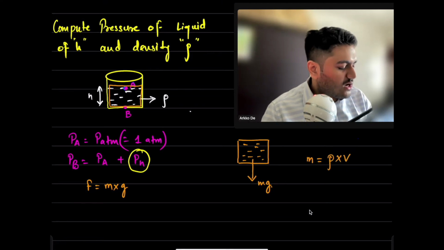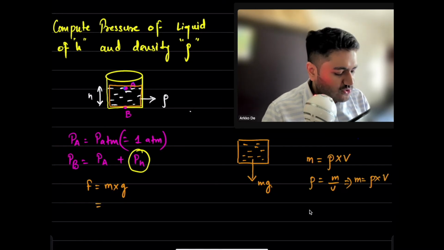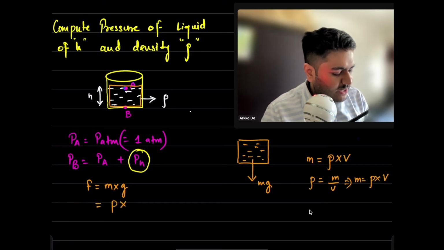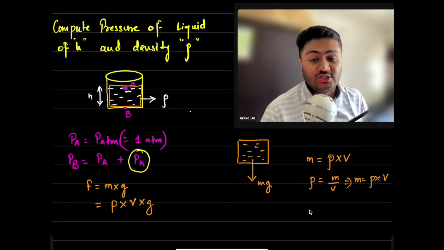How am I getting this equation? Since density is mass upon volume, mass will be equal to density multiplied by volume. So force becomes density multiplied by volume multiplied by acceleration due to gravity.